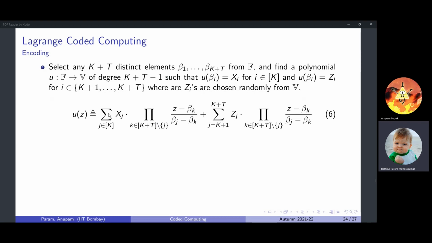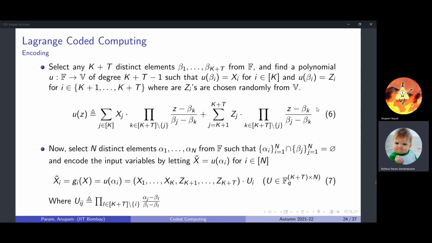So it's the same thing, but now we are adding T more workers, so T more distinct elements which will be distinct from all these, and those elements we can then make random. This Z_i is also randomly generated, and we can make this polynomial now instead.